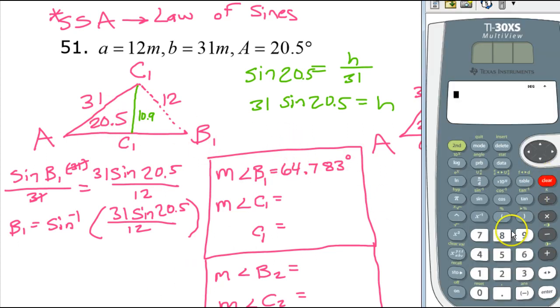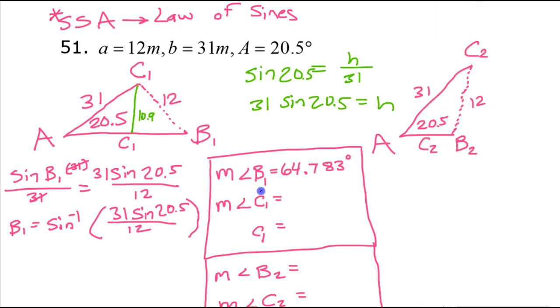So I can just subtract from 180. So if I take 180 minus the 20.5 that we had from the start, minus the angle I just found, 64.783, I get 94.717.